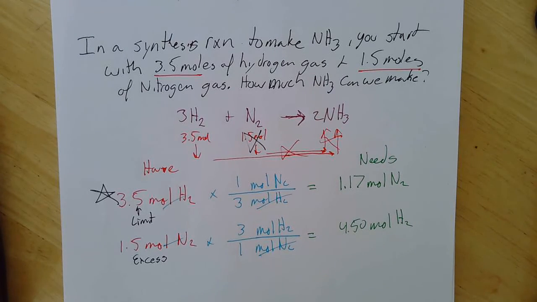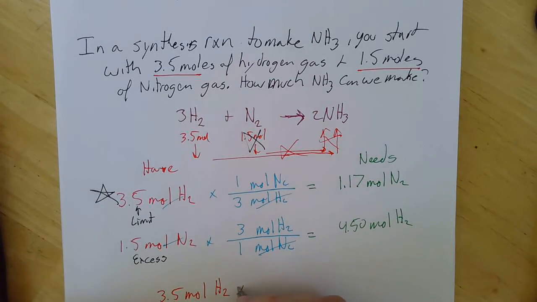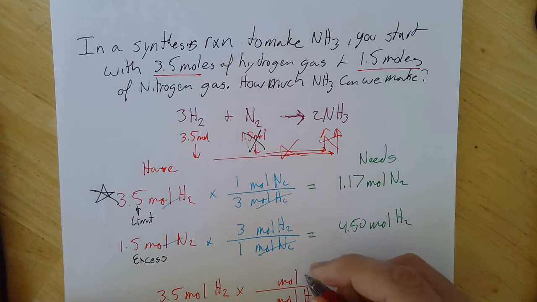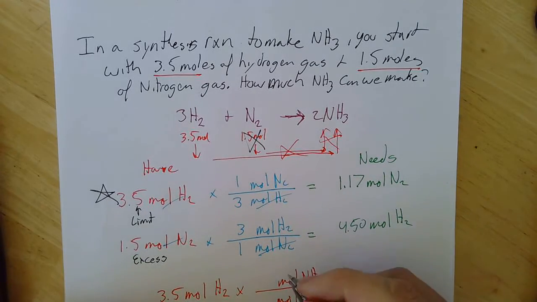So I'm trying to figure out how much NH3 I can produce. So I'm just going to quickly go through this. I'm going to start with my 3.5 moles of H2. I'm already at my mole level, so I can just write moles of H2 on the bottom, and I'm crossing over, so I want to have my moles of NH3 on top. Taking a look at the balanced chemical equation, there's a 2, there's a 3.